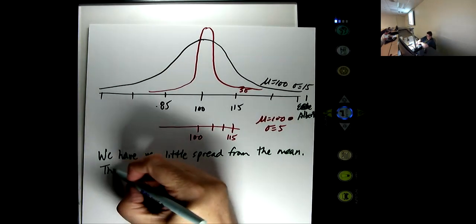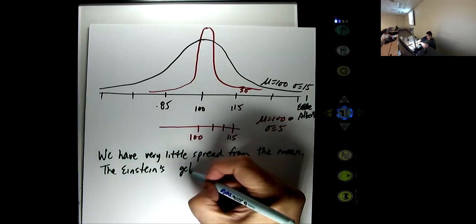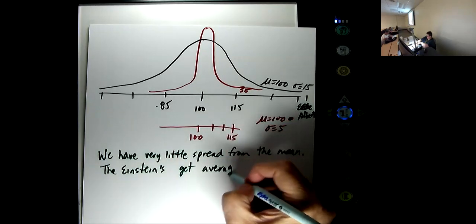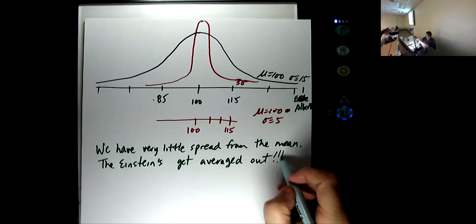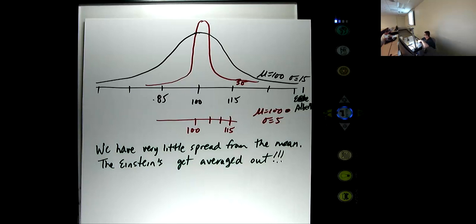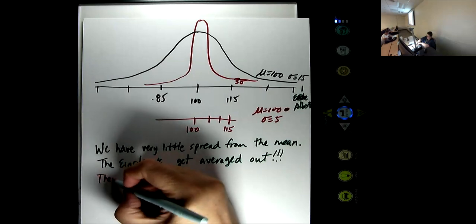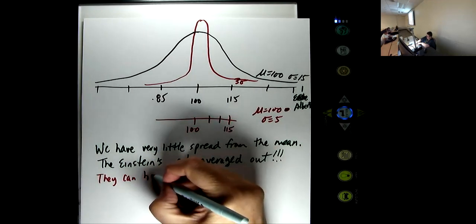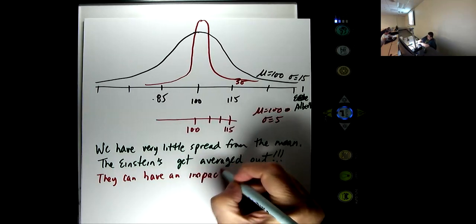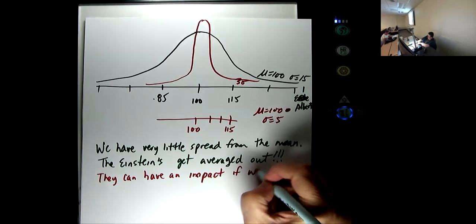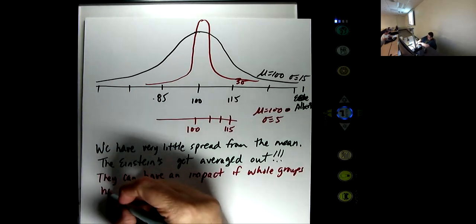The Einsteins get averaged out. In fact, they can only still have an impact if whole groups have nothing but outliers.